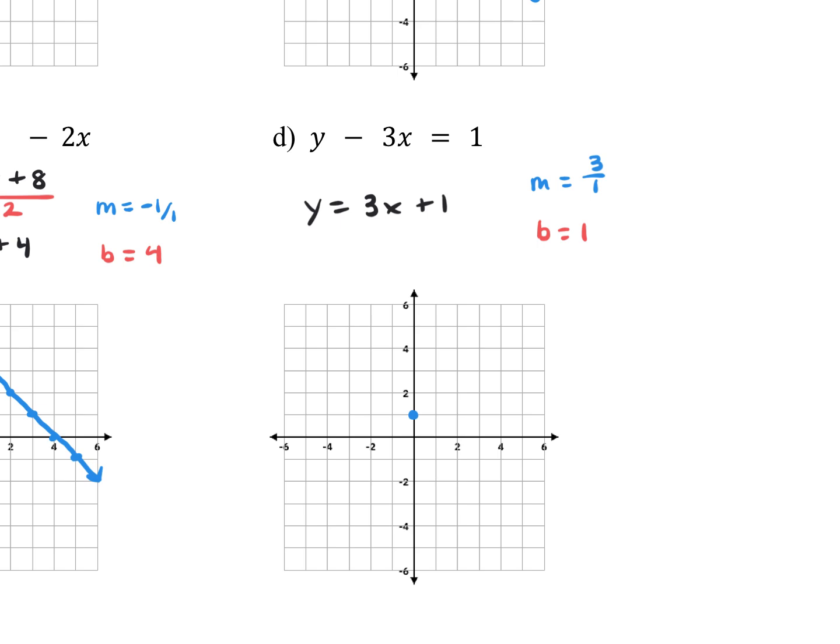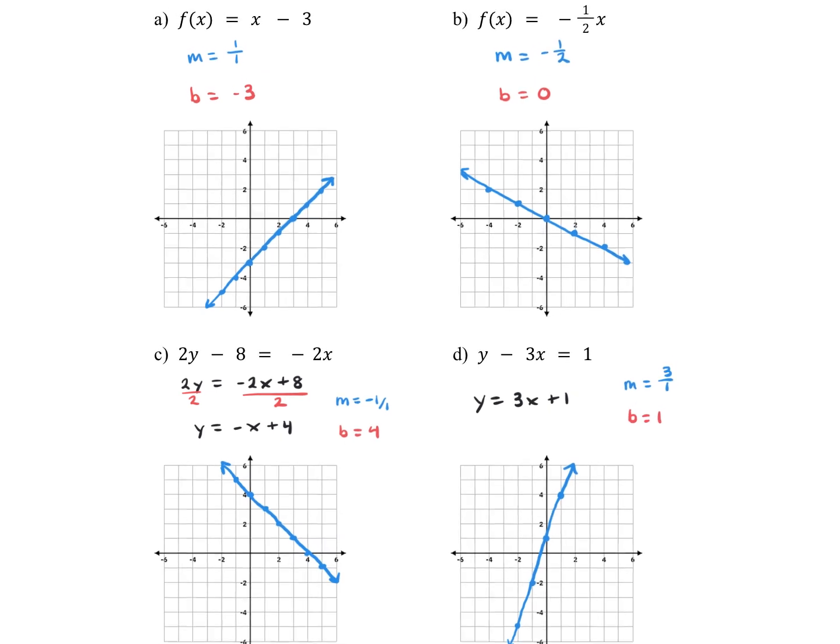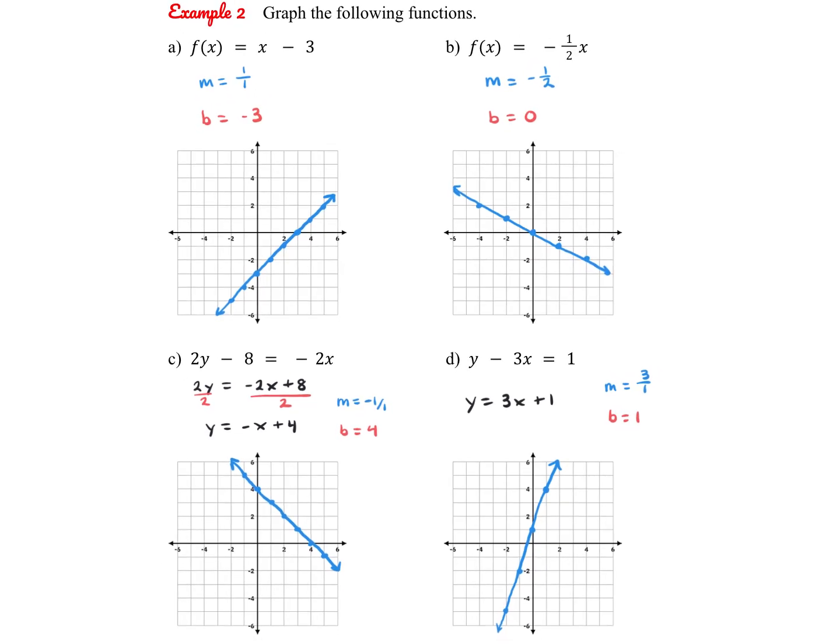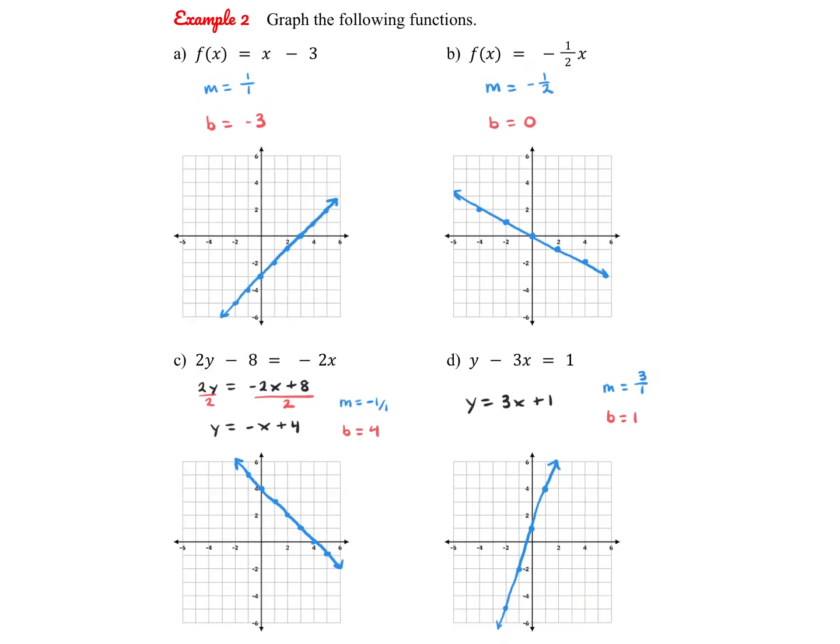We need a starting place, and then we could follow our slope, telling us to go up 3, right 1, or down 3, left 1. And then connect your dots to make that straight line. So remember, when we're graphing a linear function, being in slope-intercept form is really the ideal form for us to graph.